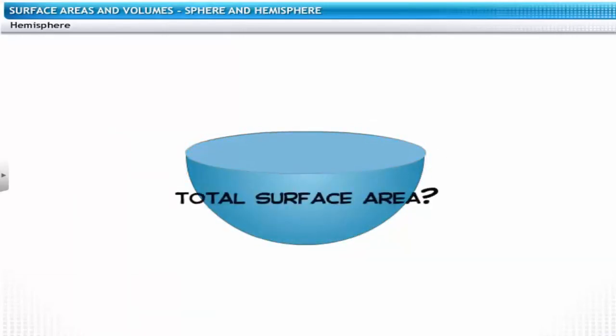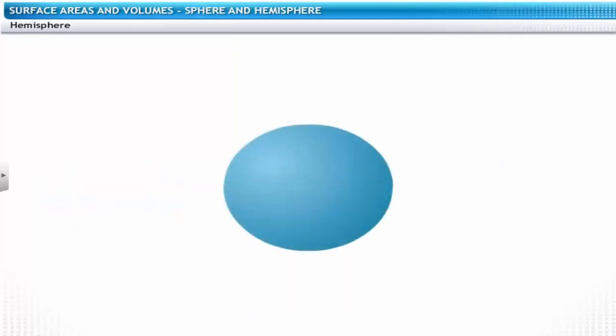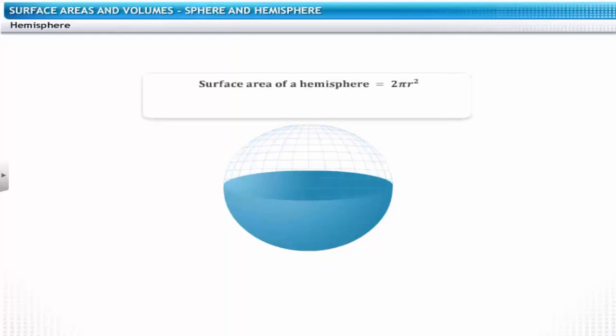Now, let's calculate the total surface area of the hemisphere. The total surface area of a hemisphere is the sum of the areas of the curved surface and of the flat surface. The surface area of the curved surface is exactly half of the surface area of the sphere, that is, 2 pi r squared.